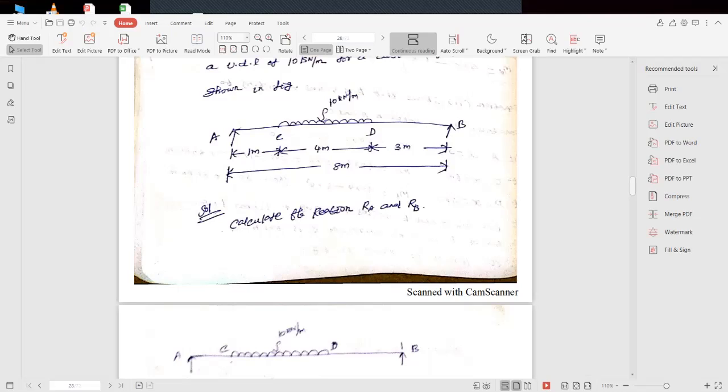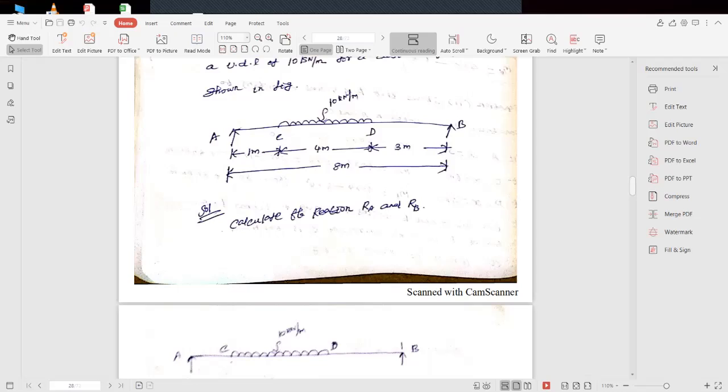Therefore, anti-clockwise means minus. So this RB becomes minus RB. So load into distance is the moment. So what is the distance? Distance from RB to A is 8 meter. Therefore, minus RB into 8.